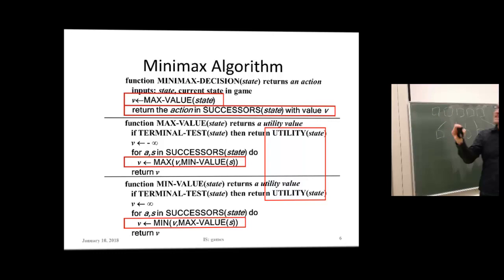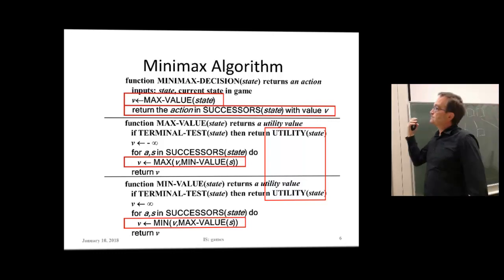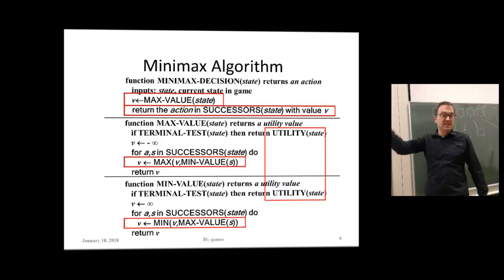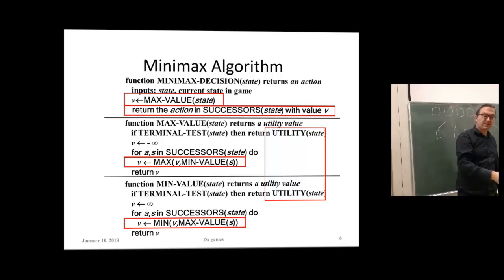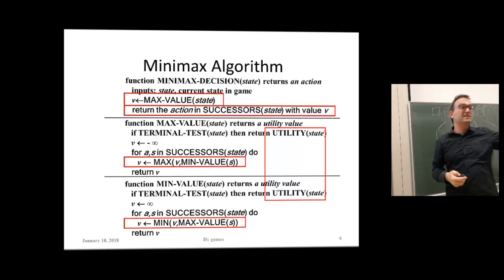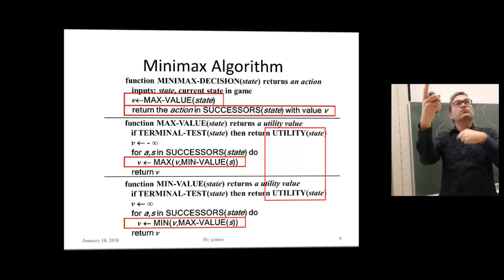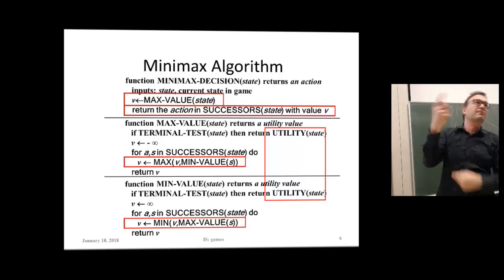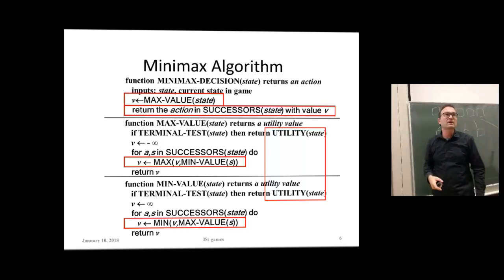So the idea is that we call a procedure min-max decision, and we look for the max value, so the maximum value that we can give to a state according to the rules of playing first by max, and then by min, and then by max, and then by min. So we call the procedure max value, that's the second one in the middle here.